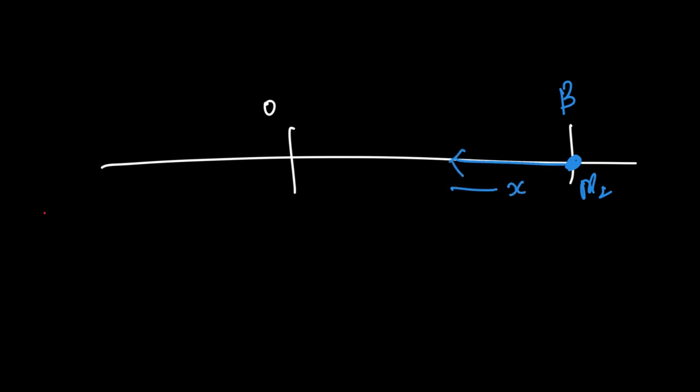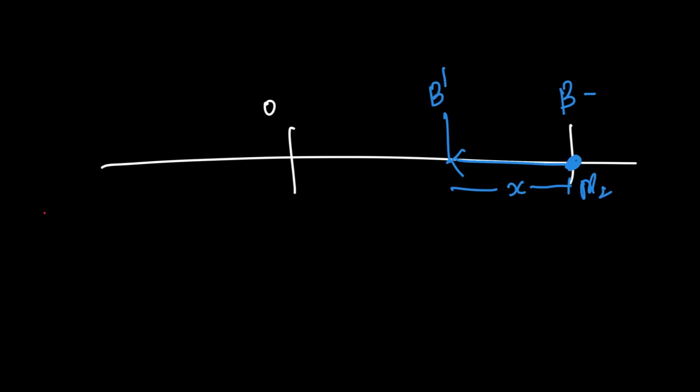We don't know what value that is, some position along the x-axis, which gives us the new value as B dash. Now say if B was equal to 6, and if x was equal to 2, what is B dash equal to? B dash will be equal to 6 minus 2, which is equal to 4. Simple. Similarly, if the position of B is equal to r2, what will be B dash? B dash will be equal to r2 minus x.